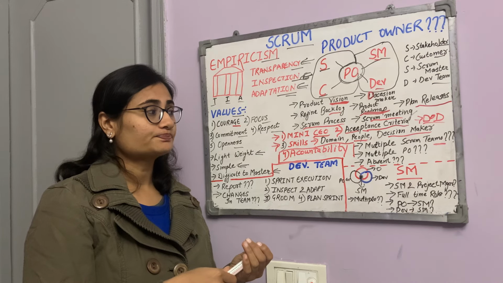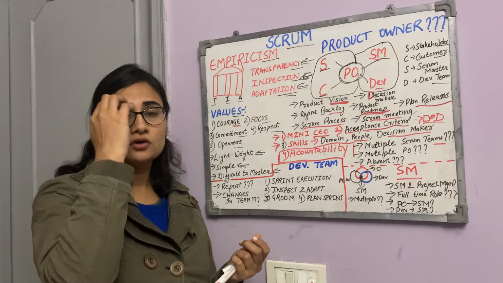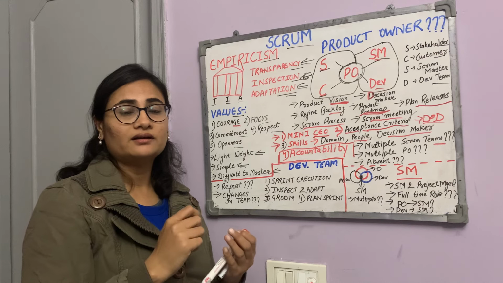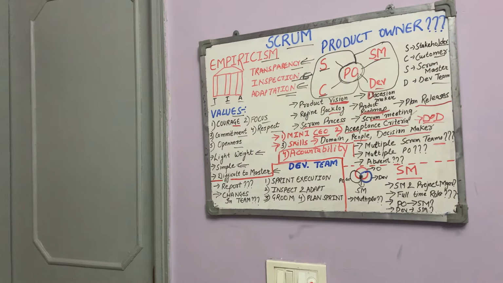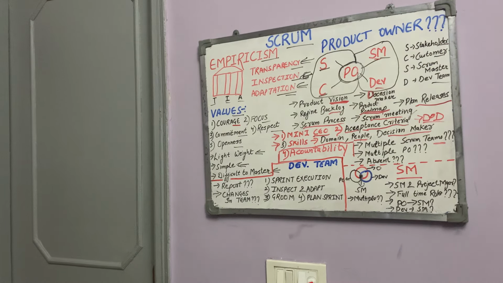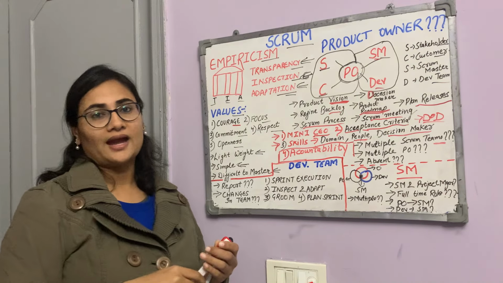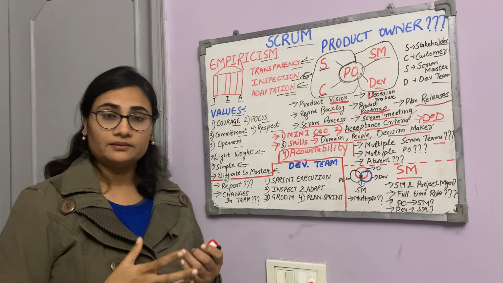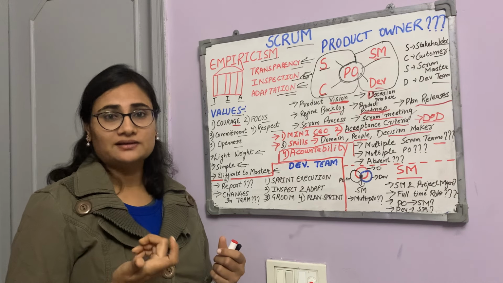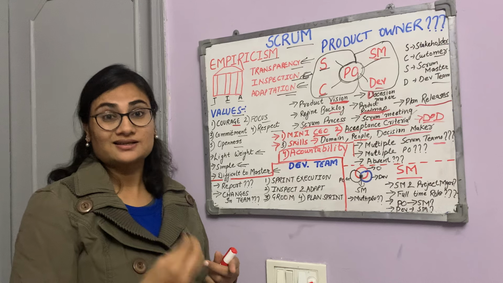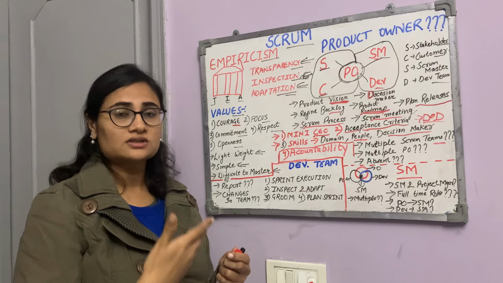Second thing is, even if your product owner handles multiple Scrum teams, it becomes very essential to have a business analyst for each of these Scrum teams, who can ultimately assist the product owner in handling those Scrum teams.